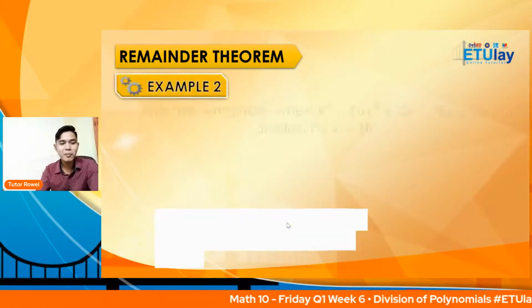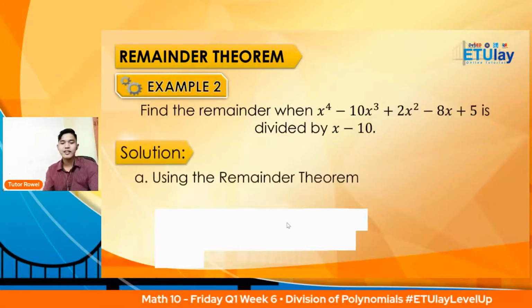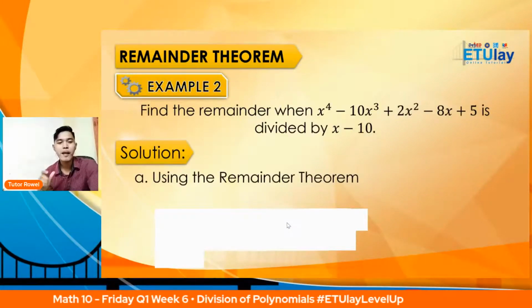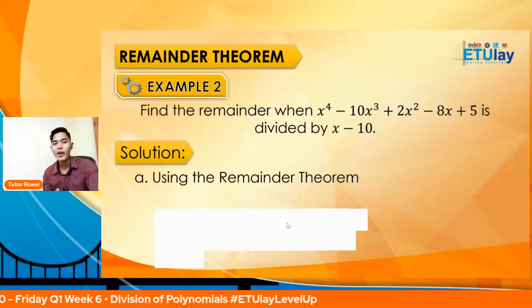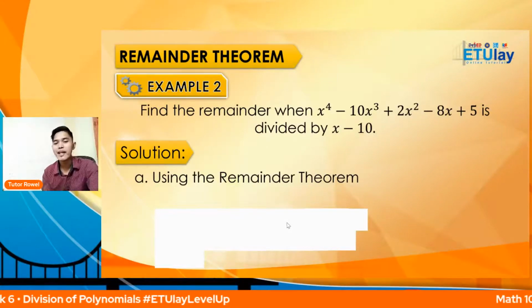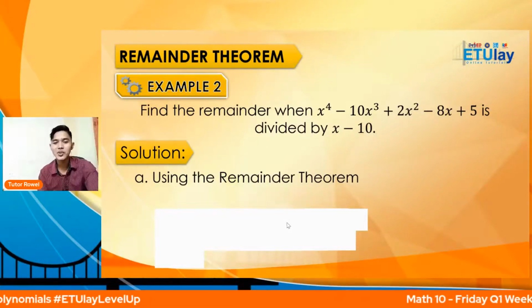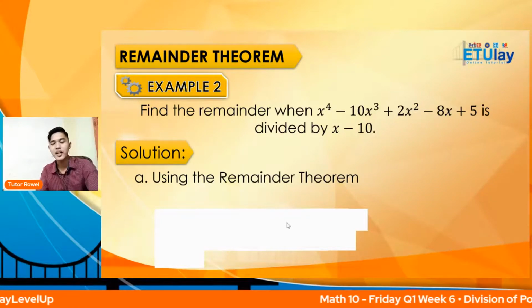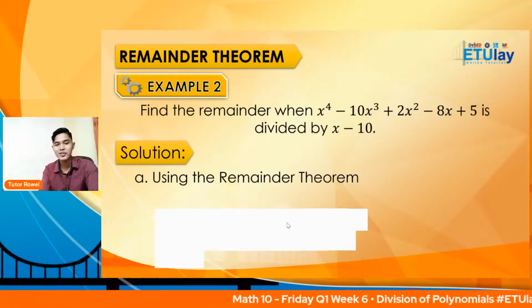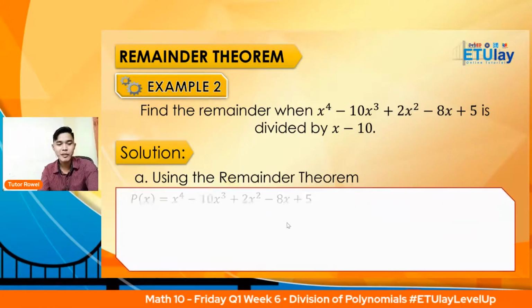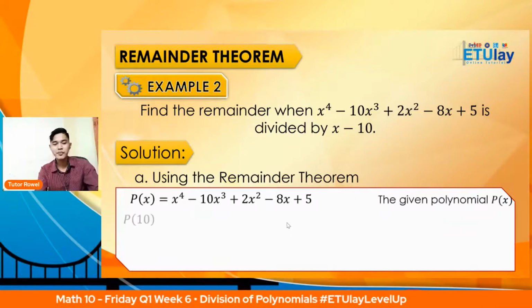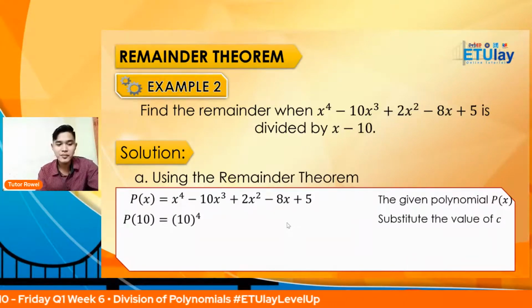Let's have example number 2. Okay, how about this one? Find the remainder when x raised to 4 minus 10x cubed plus 2x squared minus 8x plus 5 is divided by x minus 10. So, using remainder theorem, yan yung given. Substitute tayo.